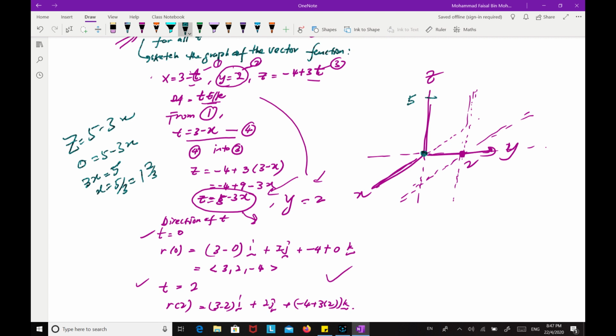So here, remember your y must be at 2, so somehow it's here. Okay, so from here you can notice that this is for x0, and this is for z0, so you can join the points.